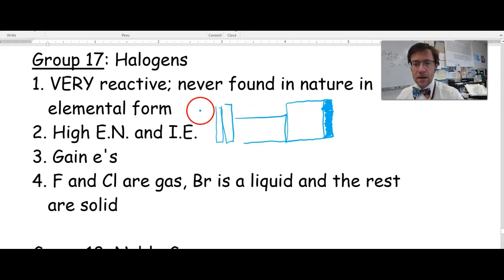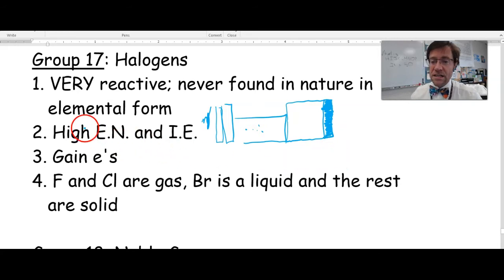Okay, so here's the deal. Do you remember way over on this side of the table, these metals are very, very reactive, and these guys right in here, these are not so much. Well, what do you think these guys are on the other side? I'll give you a minute to think. All right, that's enough thinking for one day. These guys over here are very, very reactive, because they lose electrons.